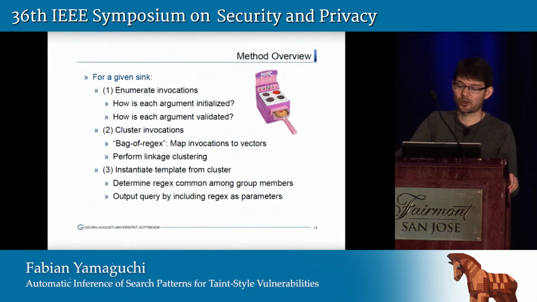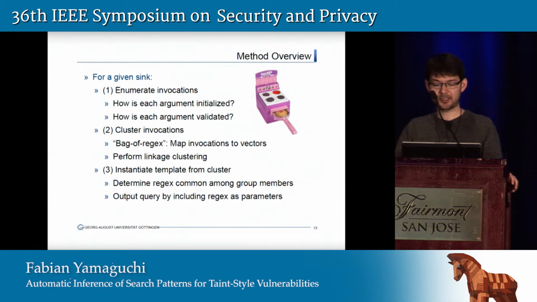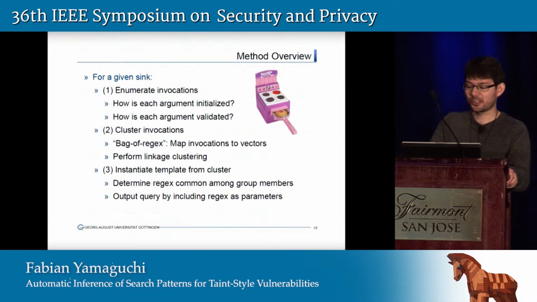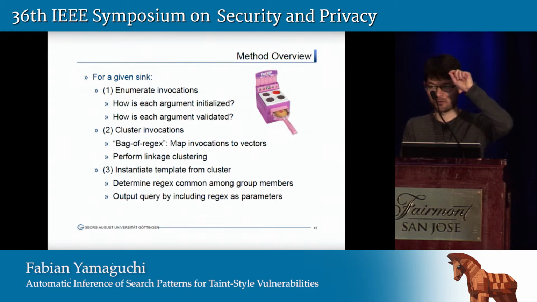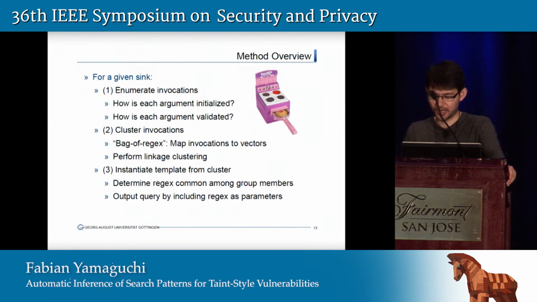That's where we use our bag of regex mapping that you'll see in a minute. Once we've performed this mapping, we do linkage clustering. That's the clustering step. Then from each cluster, we can instantiate these templates and output a query where we insert the regex into this template. We're going to talk about these steps in detail now.